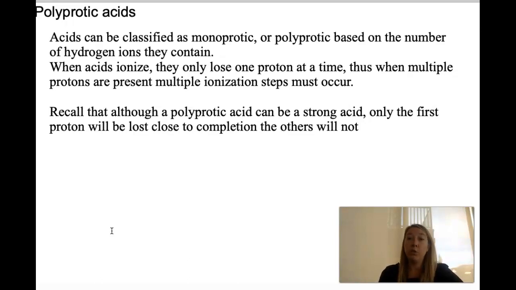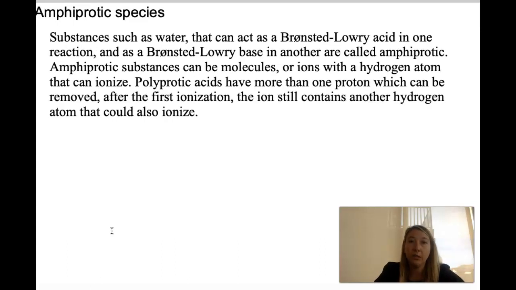So if I had two H's, I would have to write two ionization equations, one to remove the first hydrogen, and then another one to remove the second hydrogen, and then kind of go from there, okay? So for today's stuff, we're only going to be dealing really with the strong ones that are monoprotic.